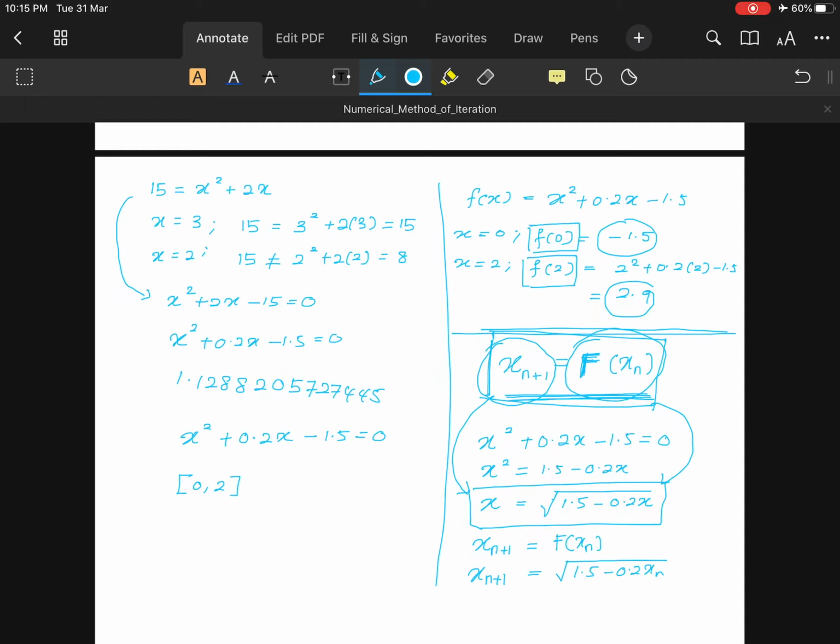So this is one relation that we have from the equation itself.